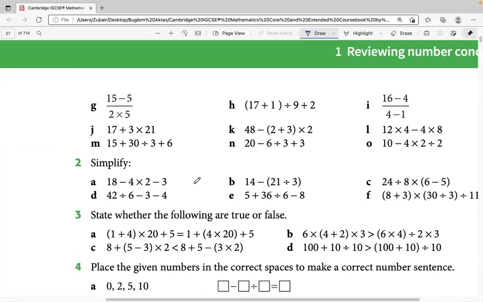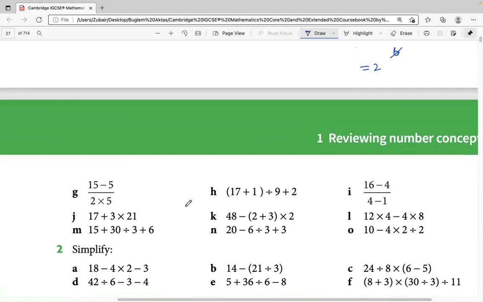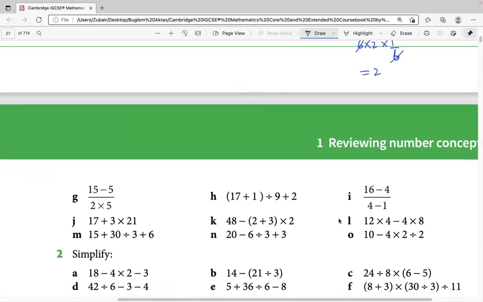Okay. Let's choose O part. 6. Good. H part. 4.